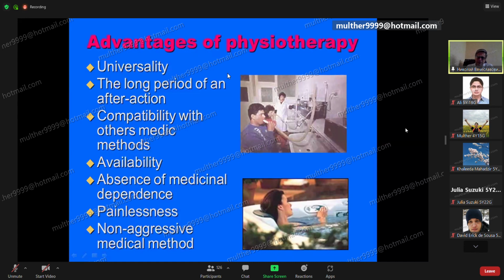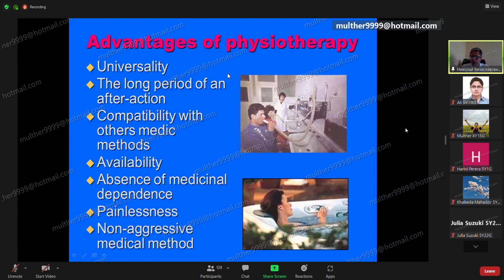Also, one advantage of physiotherapy is the long period of aftereffect. So, in other words, long maintenance of therapeutical effect due to the long function of responsible adaptive mechanisms of blood circulation or hormone releasing.